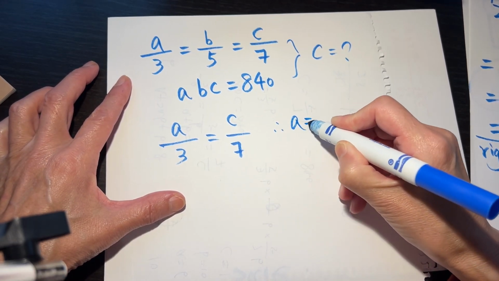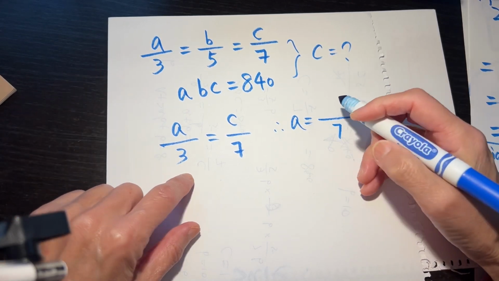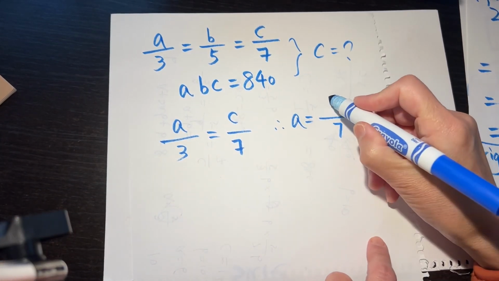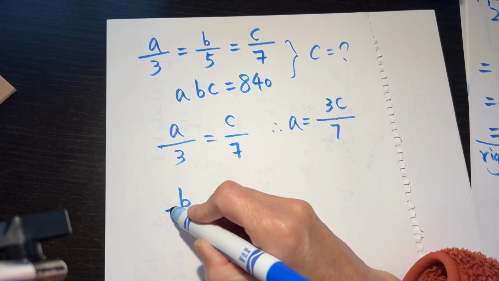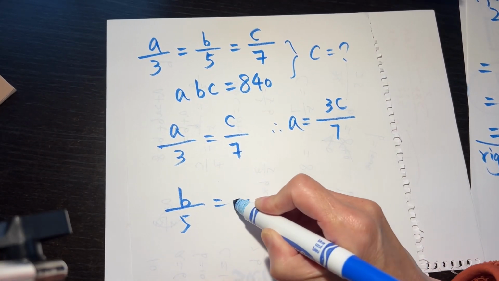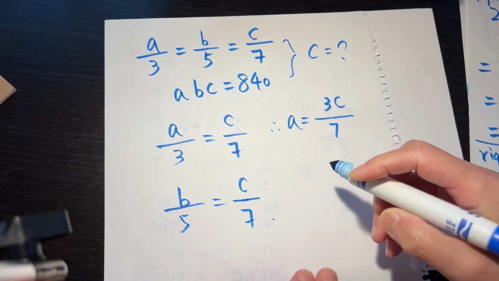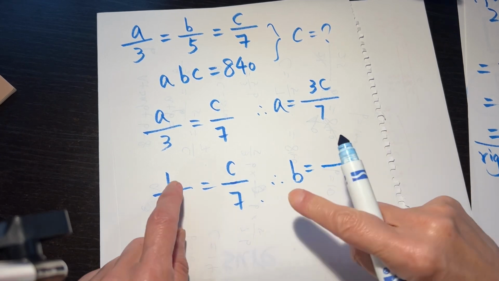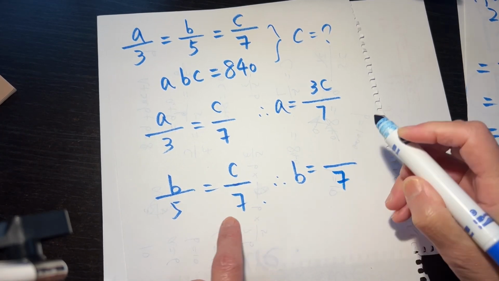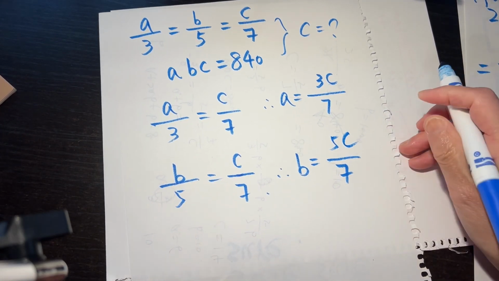So A equals 3C over 7. And B over 5 equals C over 7, so B equals 5C over 7.